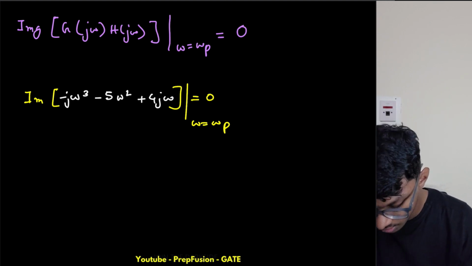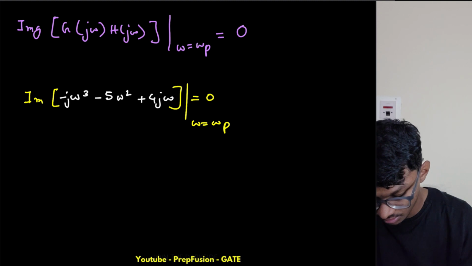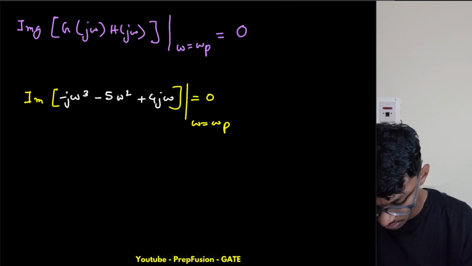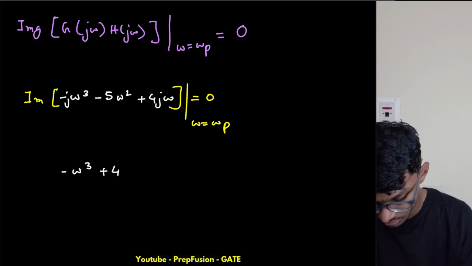So what does this mean? What is the imaginary component of this one? The imaginary component is minus omega cube plus 4 omega equals to 0.